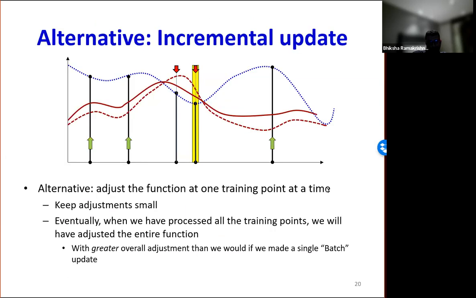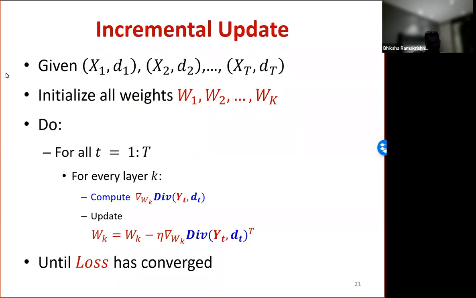So here's what the incremental update is going to do. You're given a collection of training points. You would initialize all of your weights, and then you're going to go through all the training points. And for each training point, you're going to compute the derivative of the divergence with respect to the parameters of the network and update the network parameters as soon as the training point is processed.